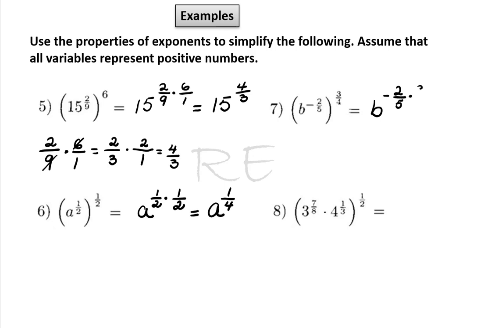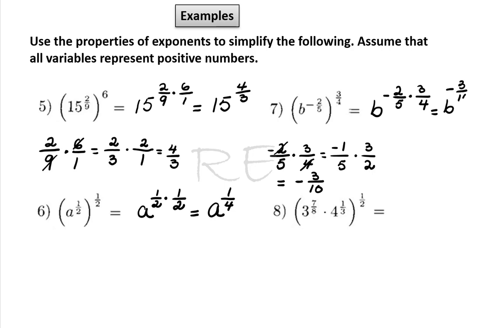We're going to multiply -2/5 by 3/4. -2 divided by 2, -1. 4 divided by 2, 2. And then we just multiply them together. -3 over 10. So the answer is b to the negative 3 over 10, which is 1 over b to the 3 over 10.